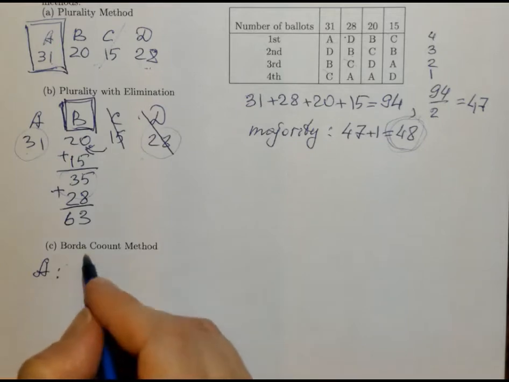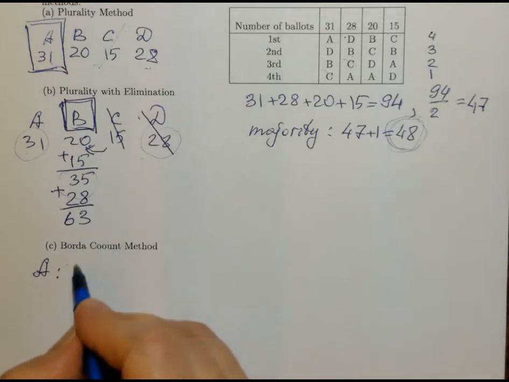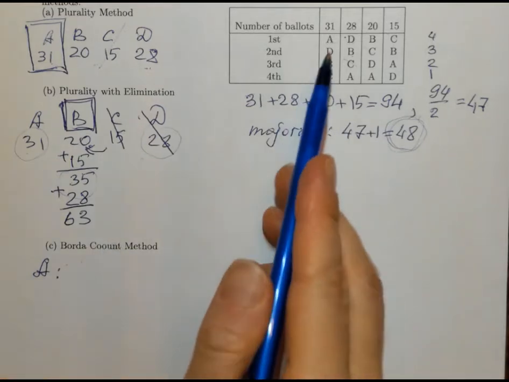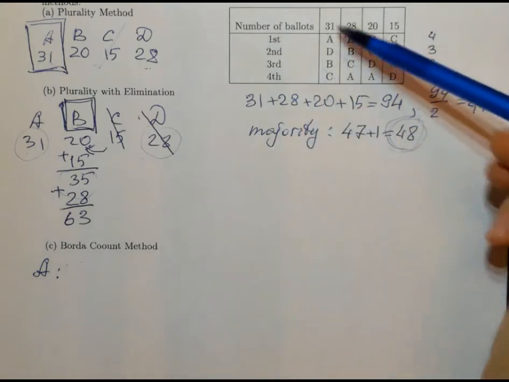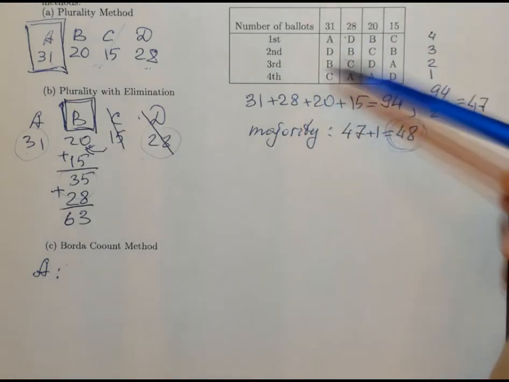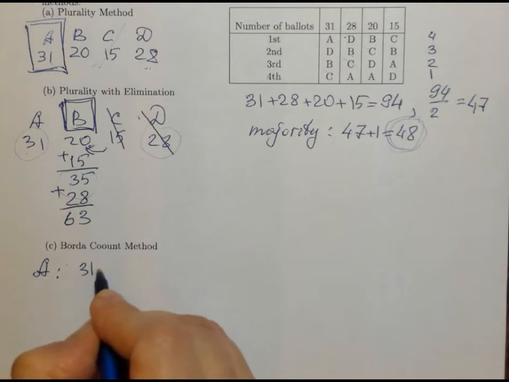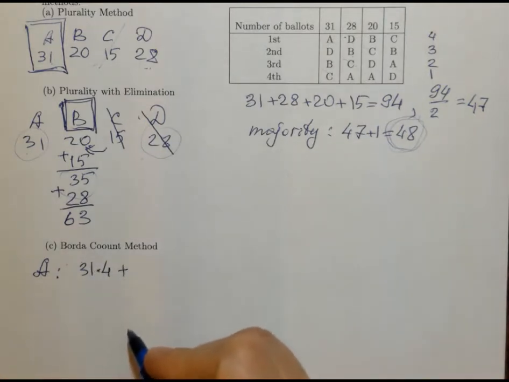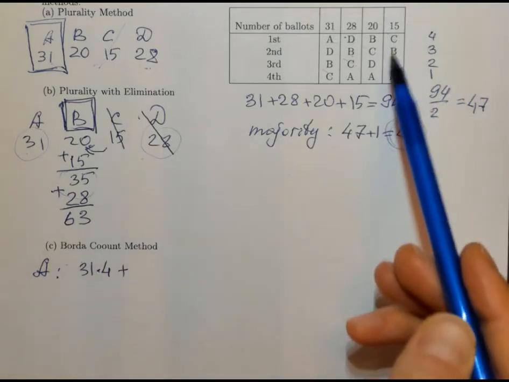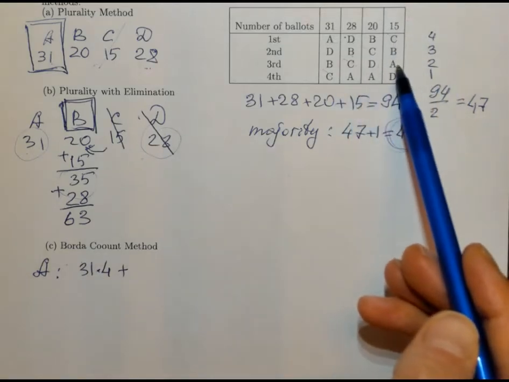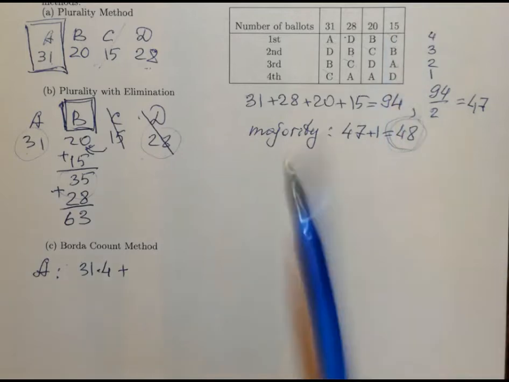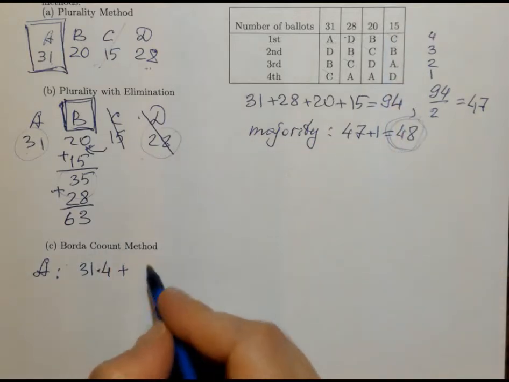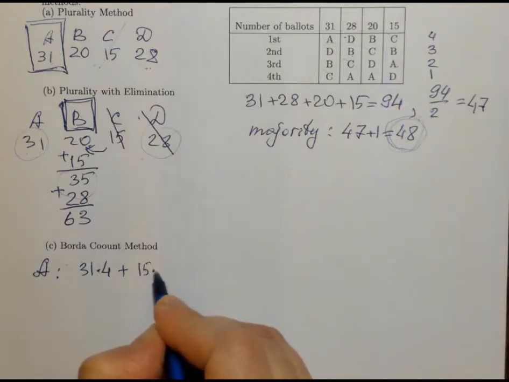Let us start with A. A has 31 ballots with the first place. So 31 times 4 points for first places. Then it has 15 third places. 15 times 2.